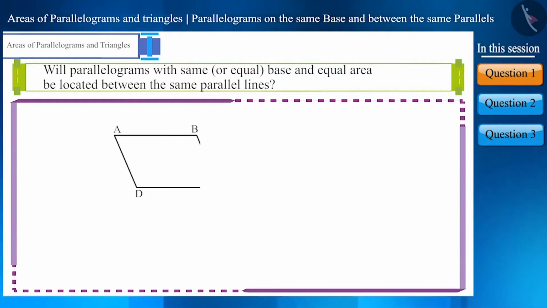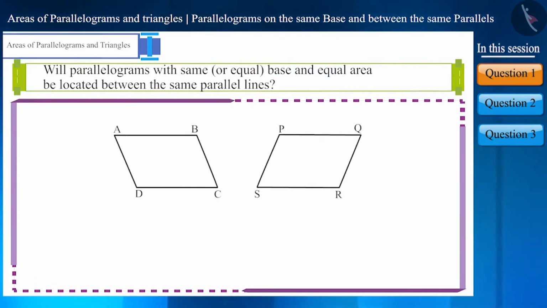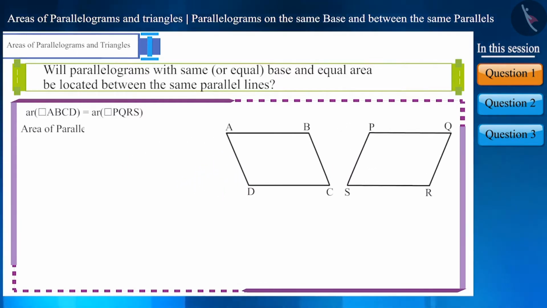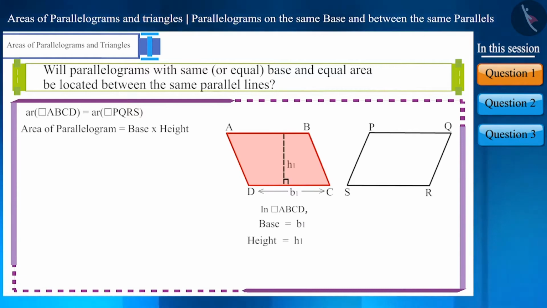Suppose we are given two parallelograms ABCD and PQRS of equal bases which are equal in area. So, we can write it like this. Friends, the formula for the area of parallelogram is base multiplied by height. Suppose the base and height of parallelogram ABCD are B1 and H1 respectively.